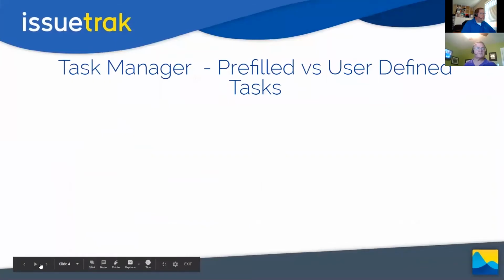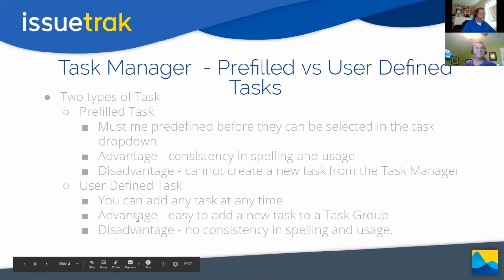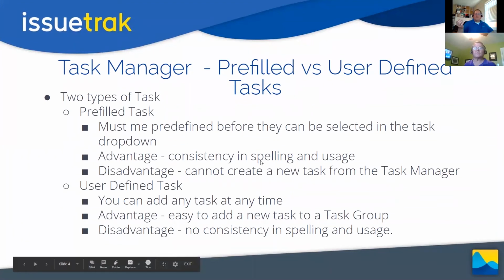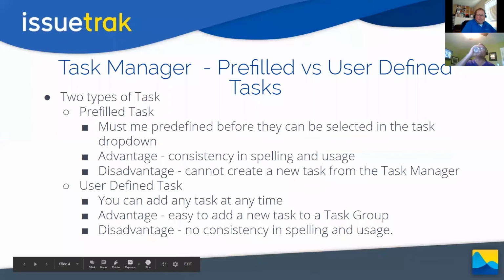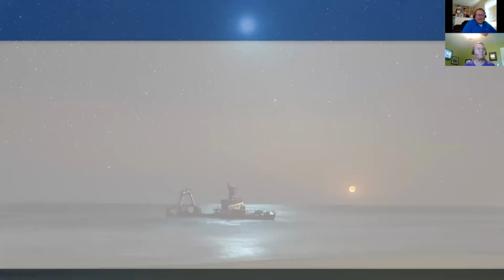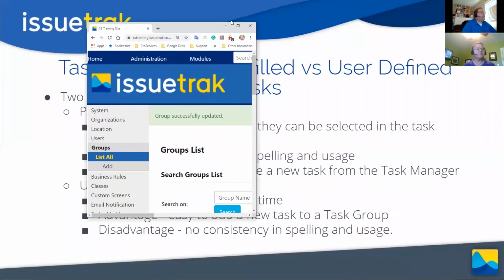And the other thing, we always get questions about this. When we start thinking about these processes, there are two main types of tasks. There are pre-filled tasks versus user-defined tasks. And when you go into reporting, the reason we say it that way, it's not that obvious when you look at a task on an issue, for those of you that do that.